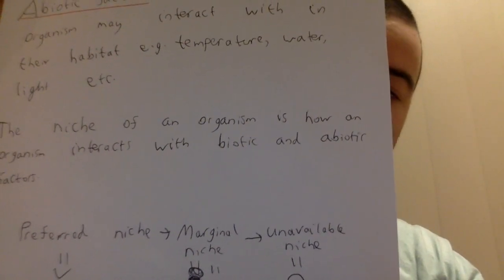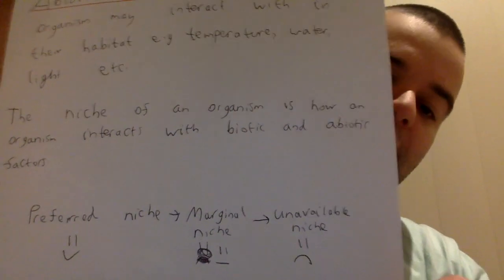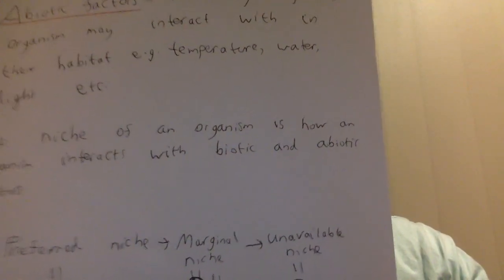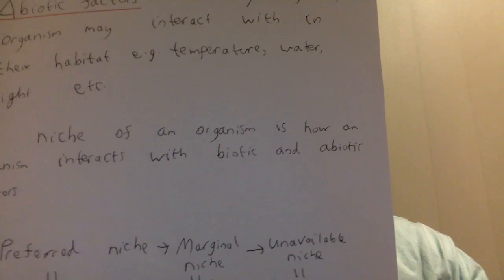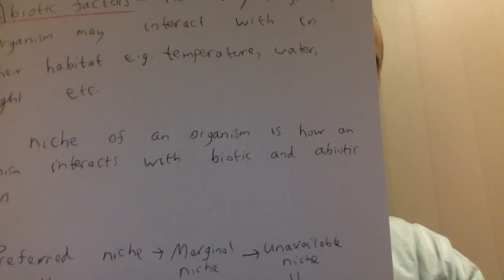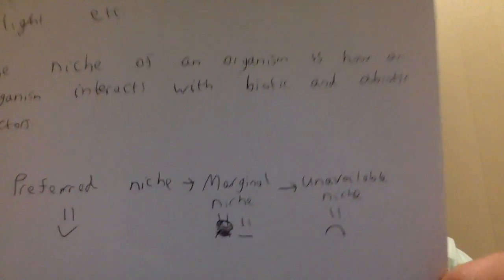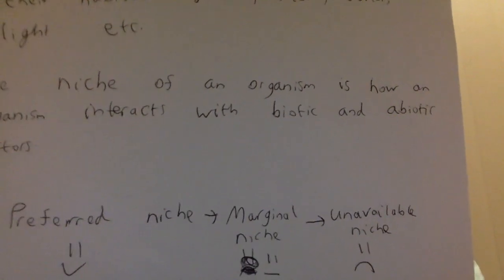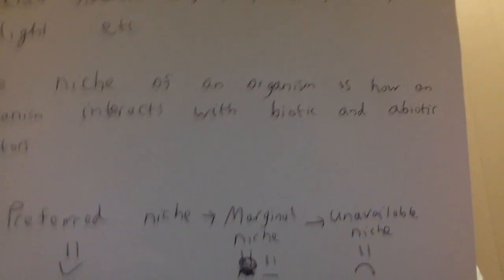It's in its preferred niche. That's good for the organism. In the marginal niche, that's when maybe the environmental conditions aren't quite as good, but it's still able to live there. And then an unavailable niche is when the environmental and living conditions mean it cannot live in that environment.